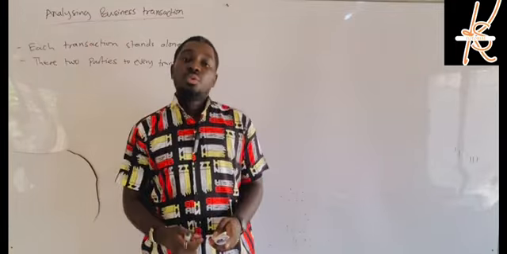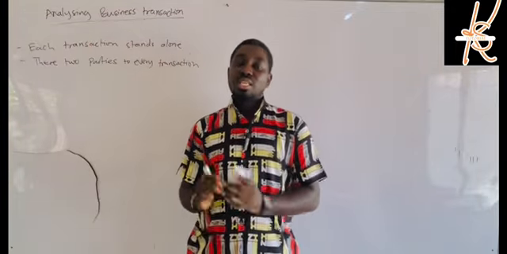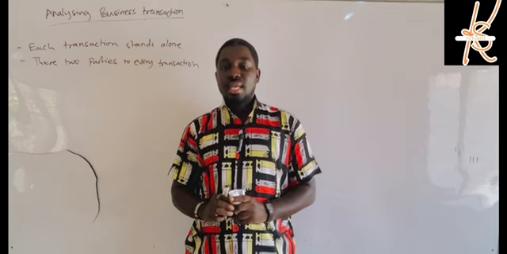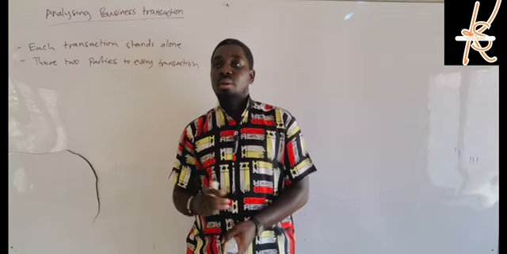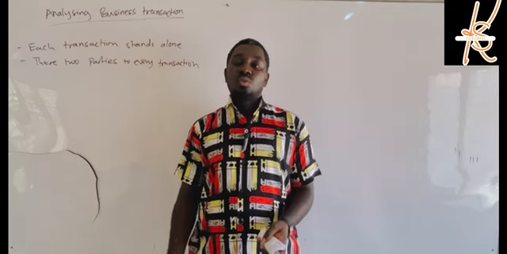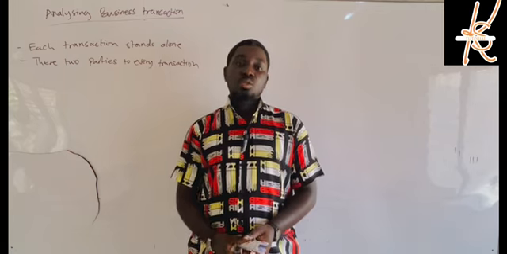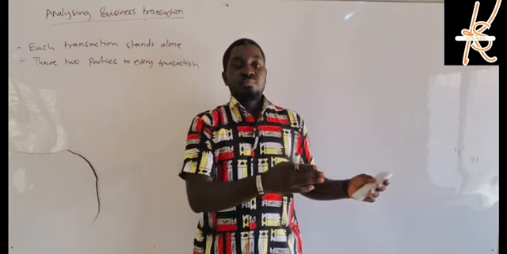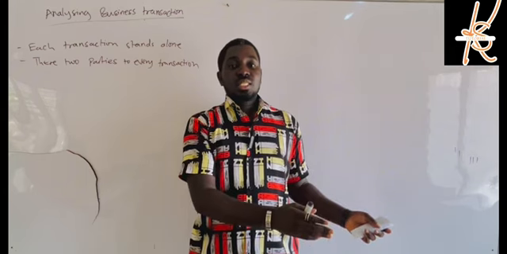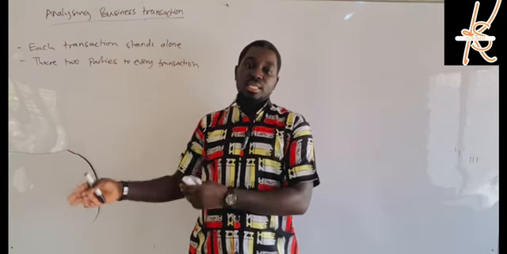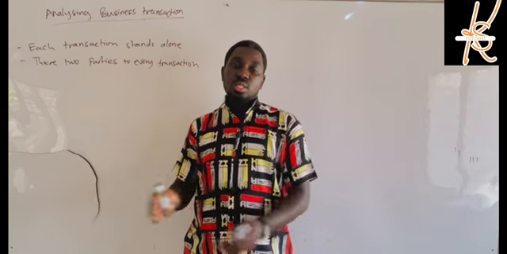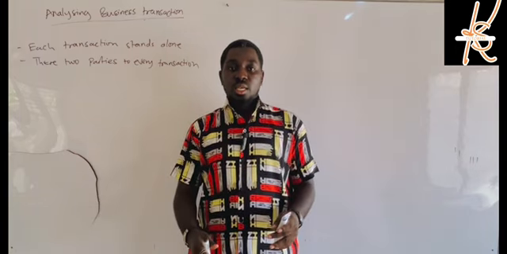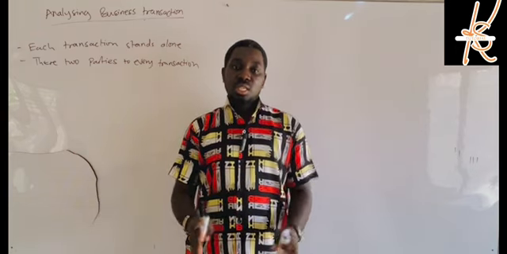So Amma started a business with 10,000 Ghana cedis. What are the two parties here? Amma, who is starting the business, and then the cash she's starting the business with. Those are the two parties here. Do we get it? So every transaction has two parties.